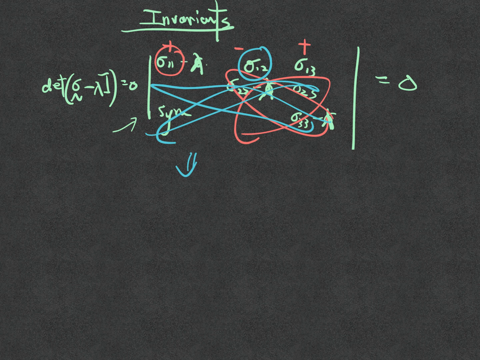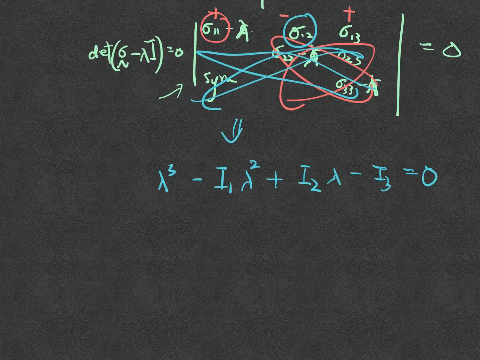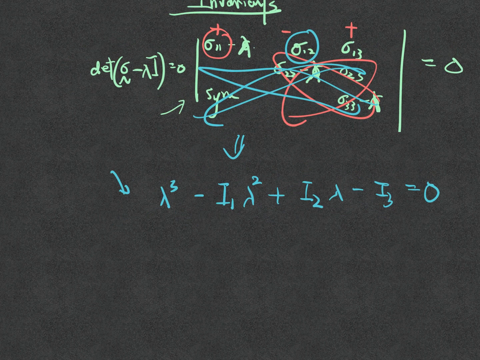If I add those expressions together from the cofactors, then what I will have is lambda cubed minus I1 lambda squared plus I2 lambda minus I3 equal to 0. Okay, this has a very specific name. It's called the characteristic polynomial.